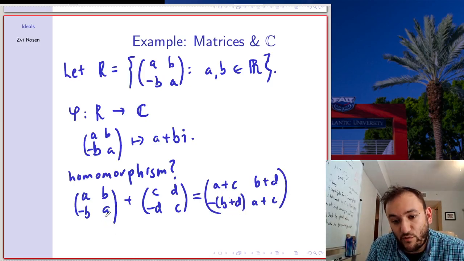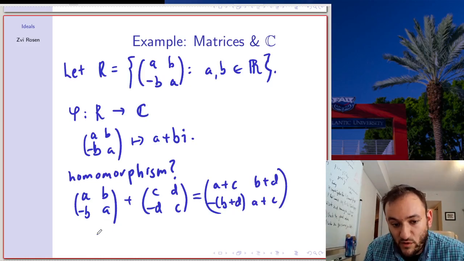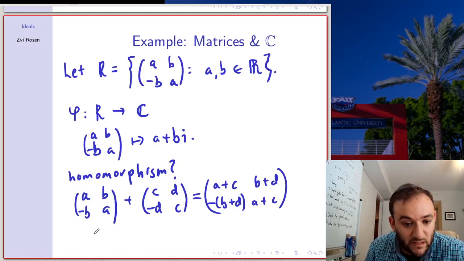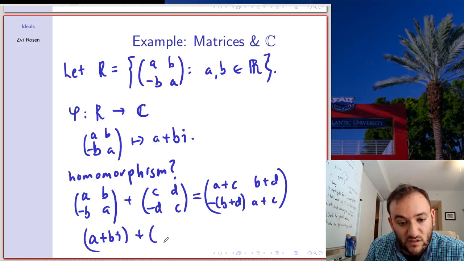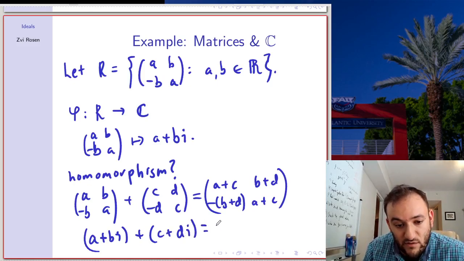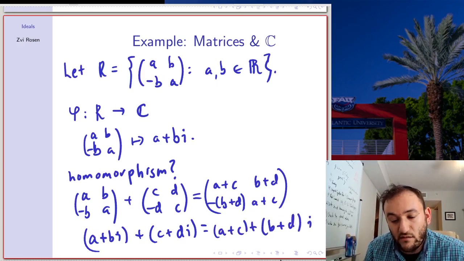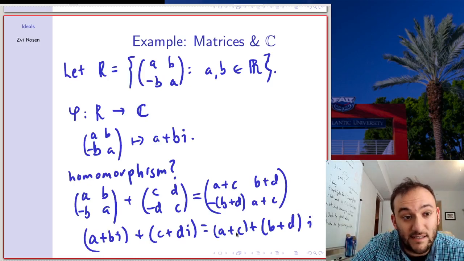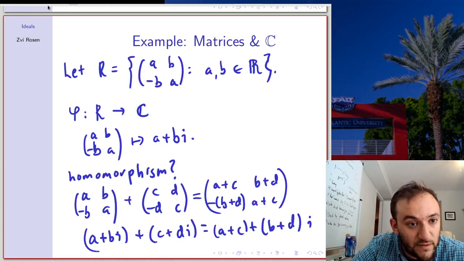And we have to confirm that this works when we do it in the complex realm as well. So this corresponds to a plus bi, this corresponds to c plus di, and this corresponds to a plus c plus (b plus d)i. So this means that the addition is indeed consistent with the homomorphism.